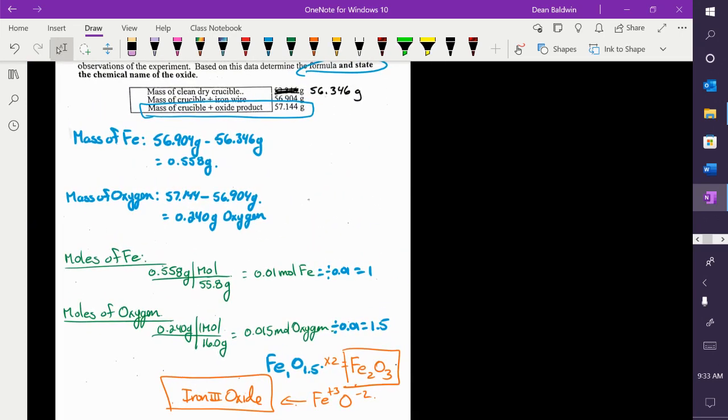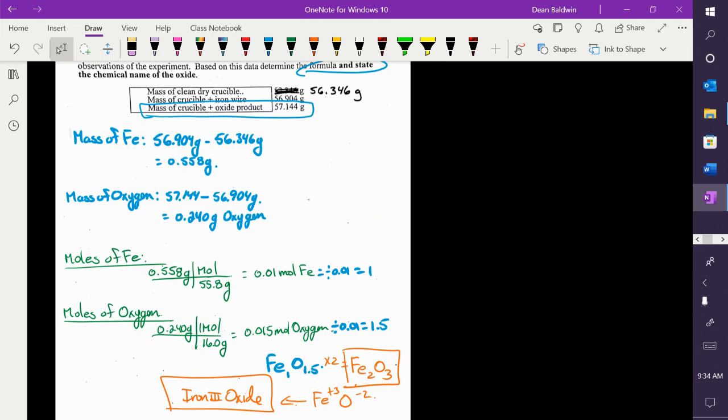So it's the exact same as an empirical formula question that we did at the beginning of class, except you're just given this stuff. Okay? So the only trick is figure out how much iron you used, which is this one here, minus the mass of the crucible. The slight trick is figure out the mass of oxygen that has been incorporated into it, which is going to be the total product weight minus the mass of the iron and the crucible.